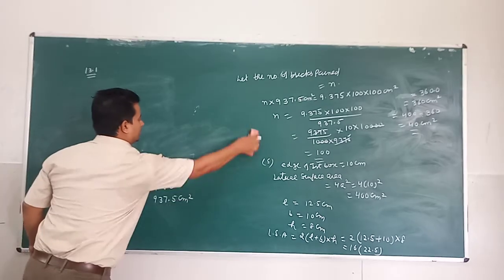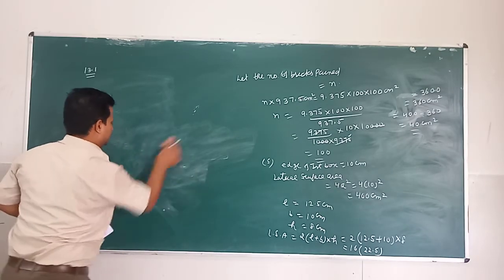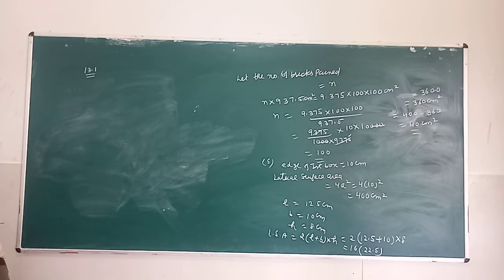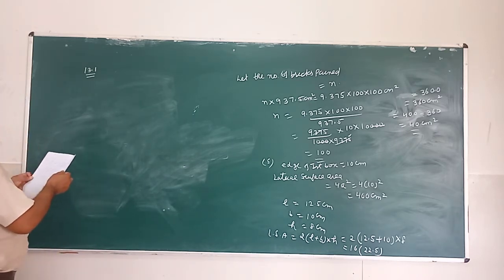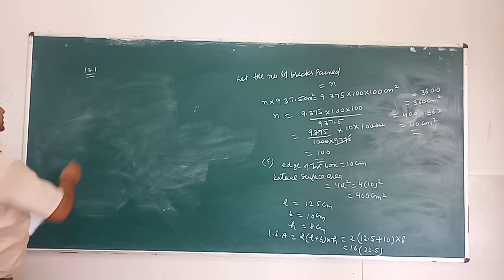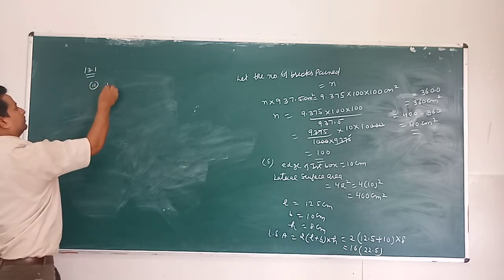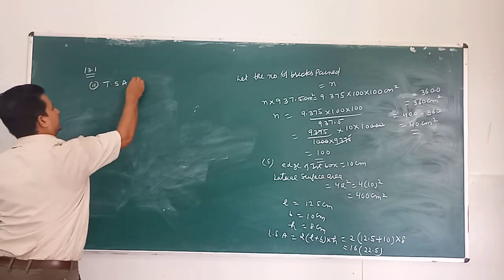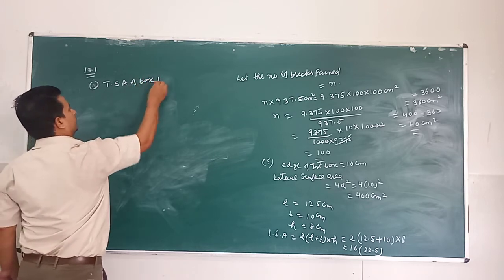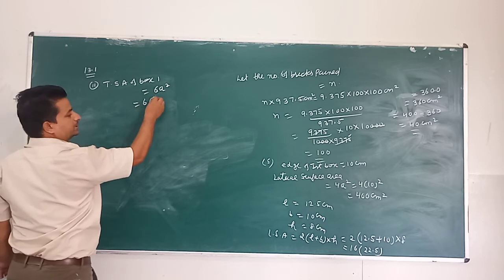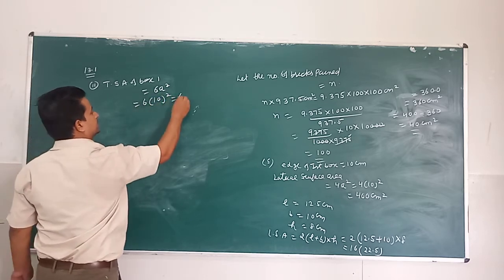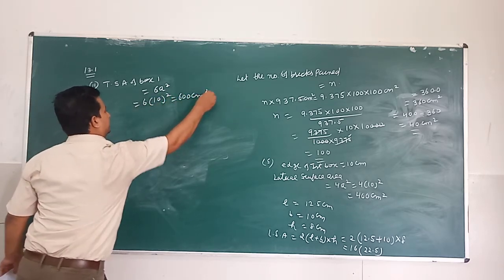In the second part of this question, which box has the smaller total surface area? First we find the total surface area of box 1, which is 6 into edge square, 6 times 100, which is 600 centimeter square.